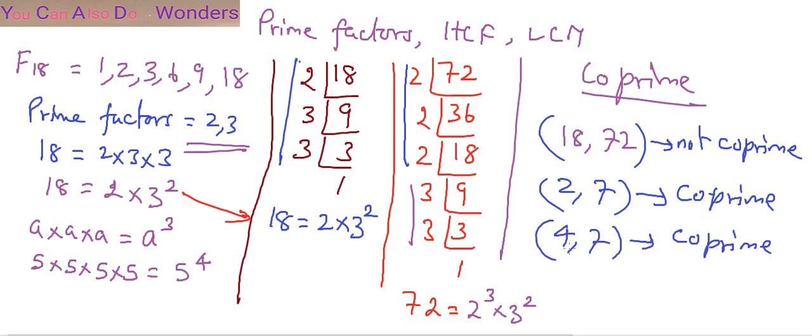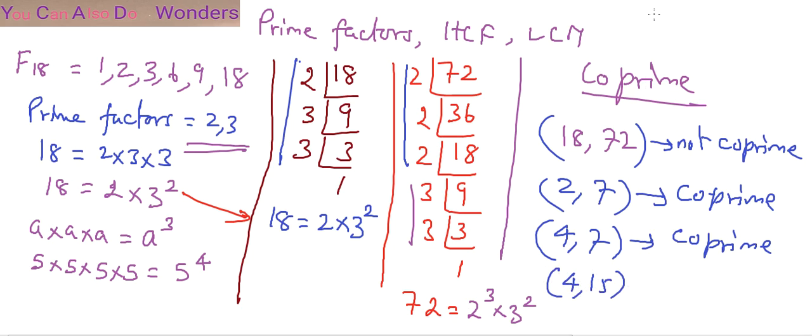So here one of the numbers is prime, the other one is not prime. But let's take 4 and 15. What are the prime factors of 4?